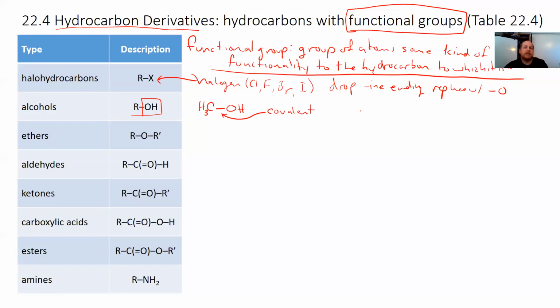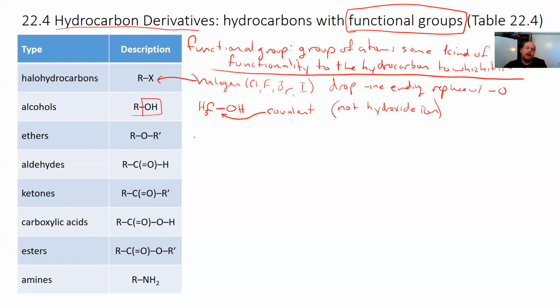So it's not a hydroxide ion. It's covalent, so it's not going to dissociate. In fact, if anything dissociates here, that proton might break off a little bit. It's somewhat acidic, but very weakly acidic.